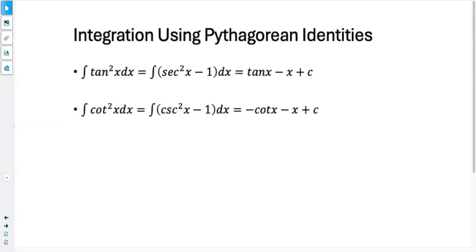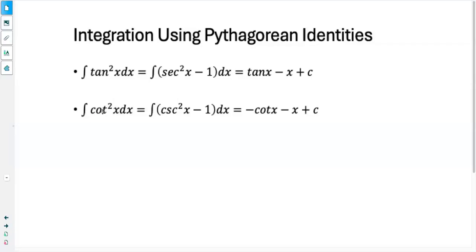Now, we can also keep in mind Pythagorean identities because we know from Pythagorean identities, for example, tan squared x is equal to secant squared x minus 1. So if we have the integral of tan squared x dx, that can equal the integral of secant squared x minus 1 dx, which would just be tan x minus x plus c.